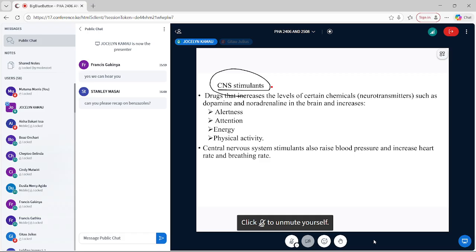But we must be specific that they must be increasing the levels of these neurotransmitters in very specific areas so that you get these effects. Central nervous system stimulants also raise the blood pressure and increase the heart rate and breathing rate.